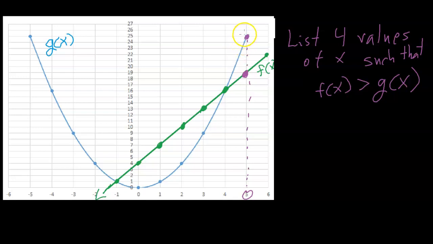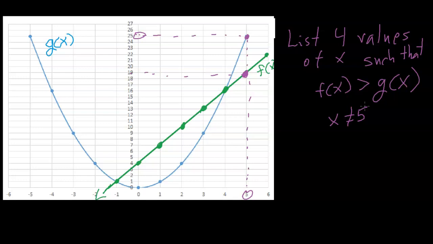And what's the value of g at x equals 5? It's 25. What's the value of f at x equals 5? It looks like it's something like 19. So x would not be 5, right? x equals 5 does not satisfy this condition, because we could just look at it visually and see that at the point x equals 5, the value of g of x is greater than the value of f of x.